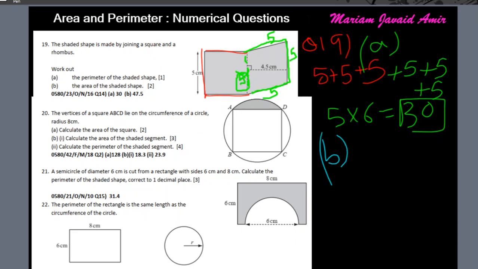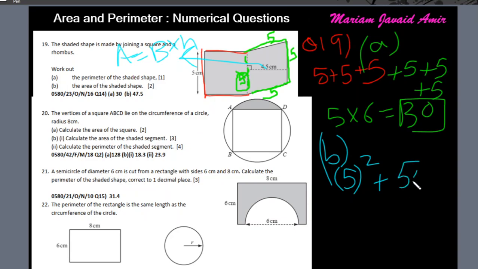19B is the area of the shaded shape. So the area of the square is length times width, which is simply 5 squared, plus the area of a rhombus, which is like a parallelogram, the formula is base times height. So height is 4.5 and base is 5.